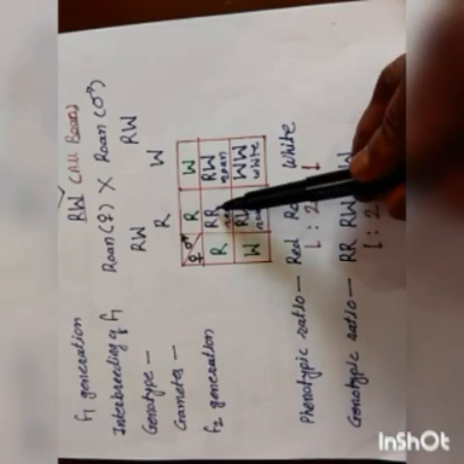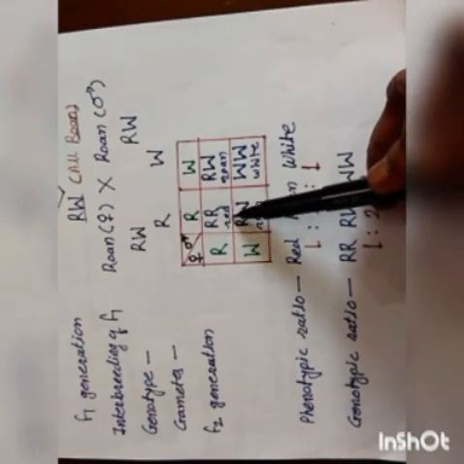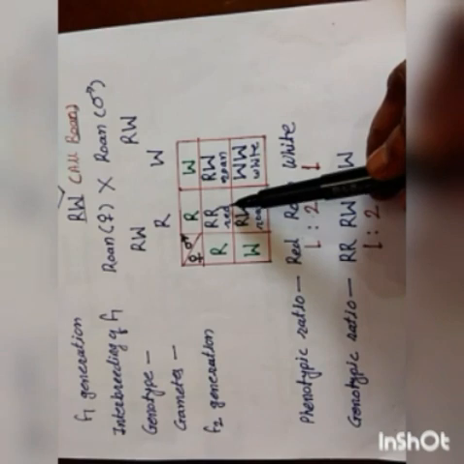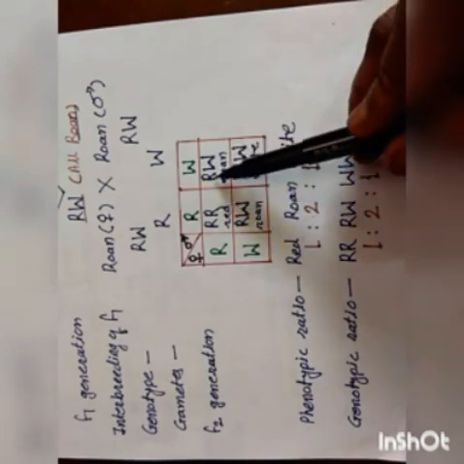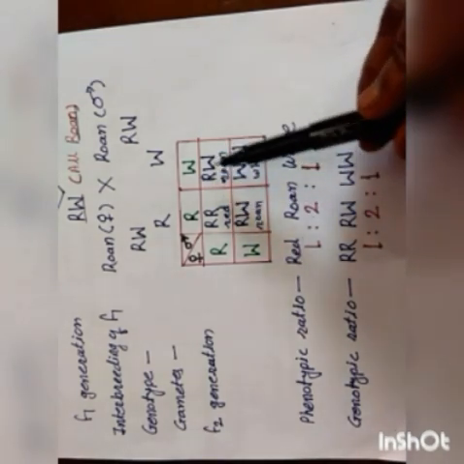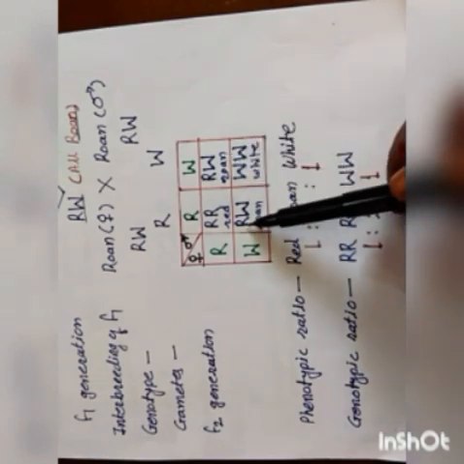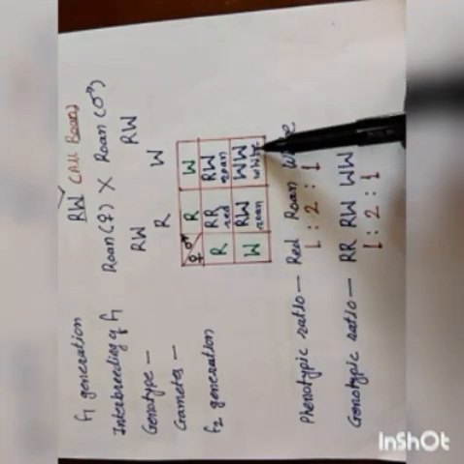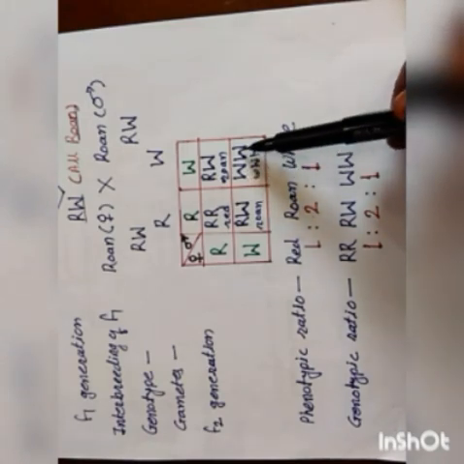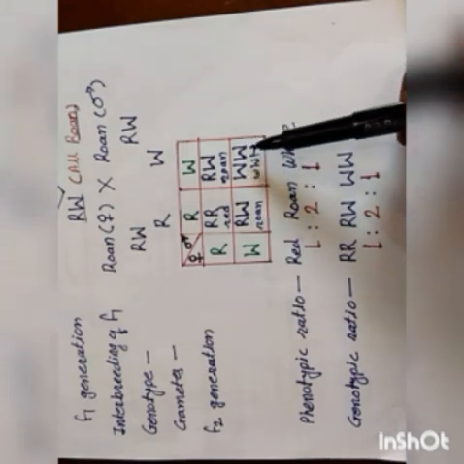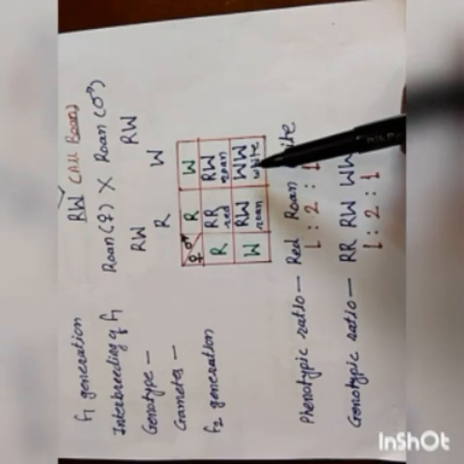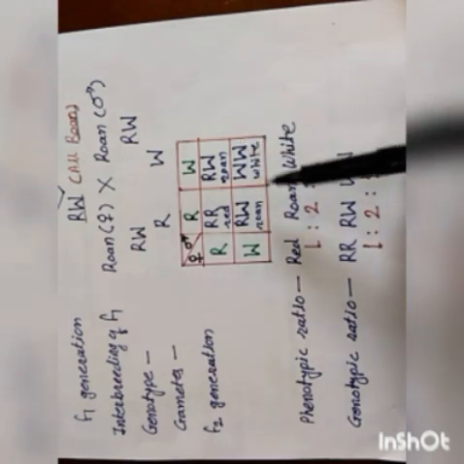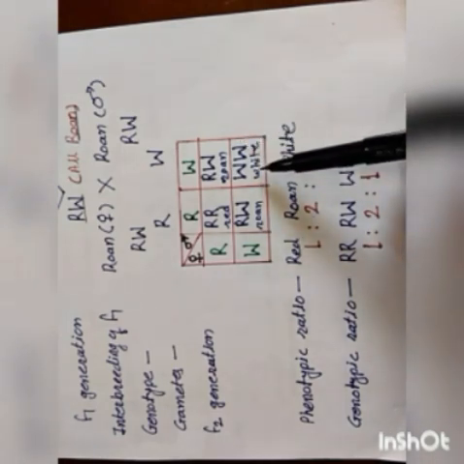This capital R means a red coat colored cattle. Then capital R W means Roan. This is again capital R W means Roan, and this is the white with capital W. Means in the F2 generation red, Roan and white varieties are developed.